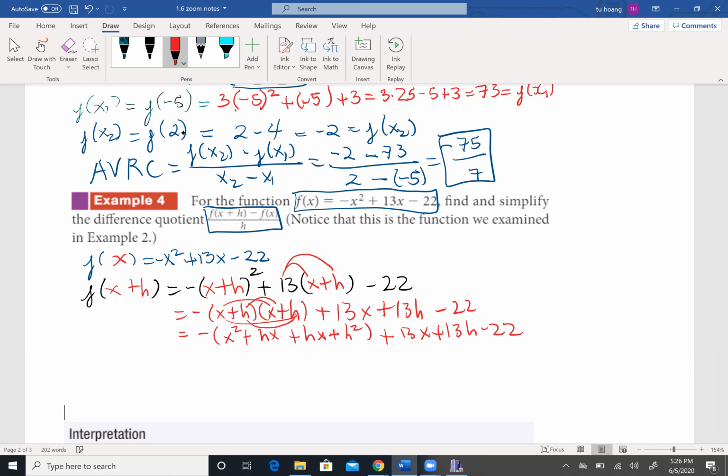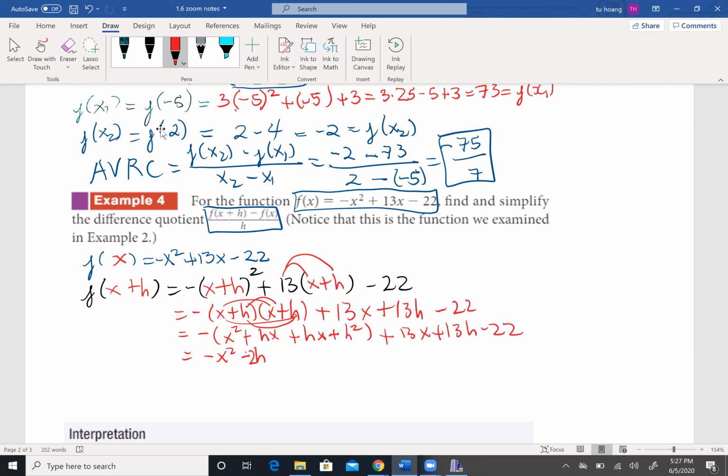Remember that I still have to consider the negative before the x plus h times x plus h here, so I distribute that and change all the signs inside the parentheses: negative x squared minus 2xh minus h squared, because I can combine the two.